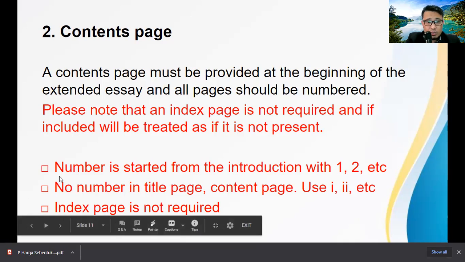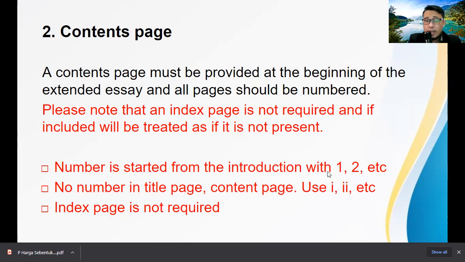But here's the thing that you need to know. The numbering starts from the introduction. So the exact numbers 1, 2, 3, 4, 5, and so on will start from the introduction.